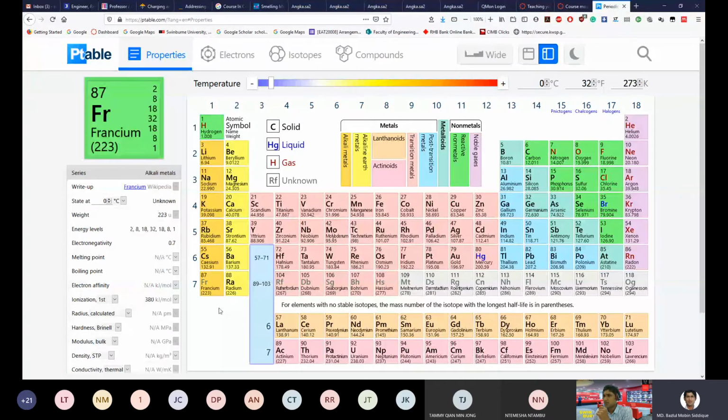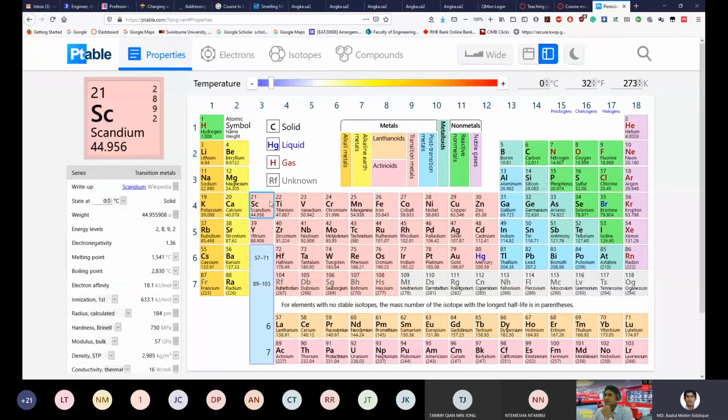So 1 positive charge, 2 positive charge, and then 3, 4, and for the non-metals, they will have a negative charge, right? Fluorine, oxygen, chlorine, bromine, they will all have negative charge.